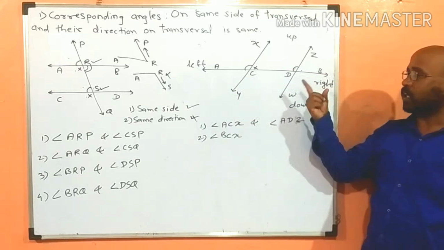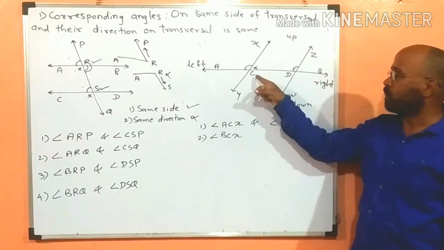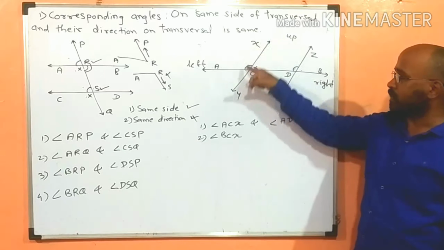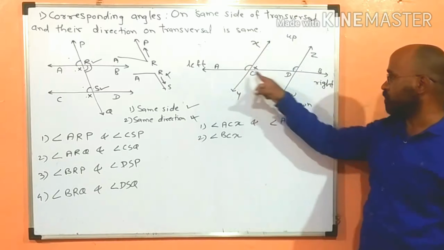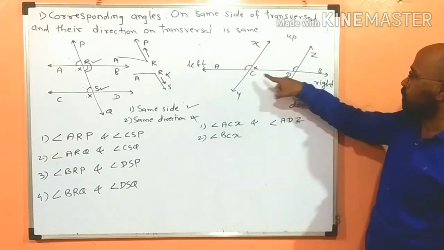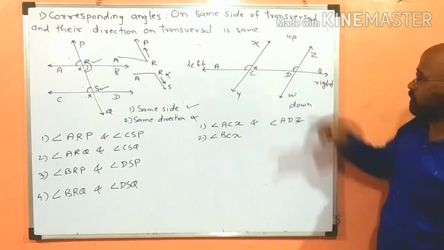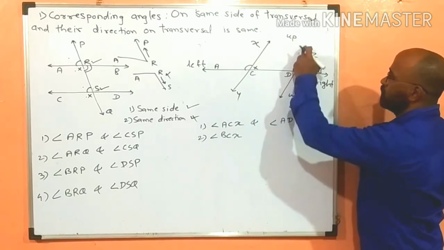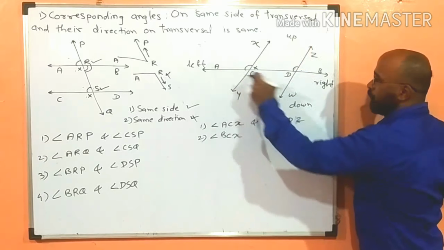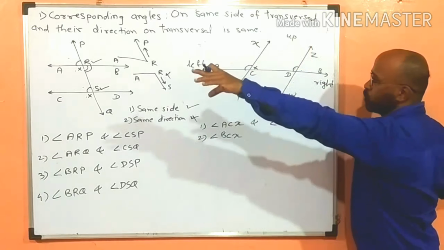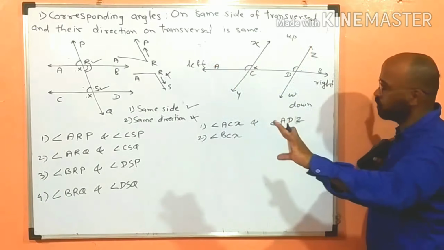So we have to find the angle whose direction is on the right. ACX, its direction is left. Finish. ADZ: DA is part of the transversal, and its direction is also towards left. So this is also not our answer.